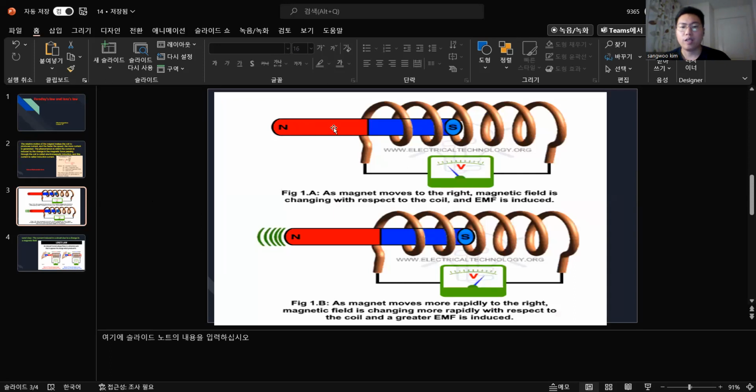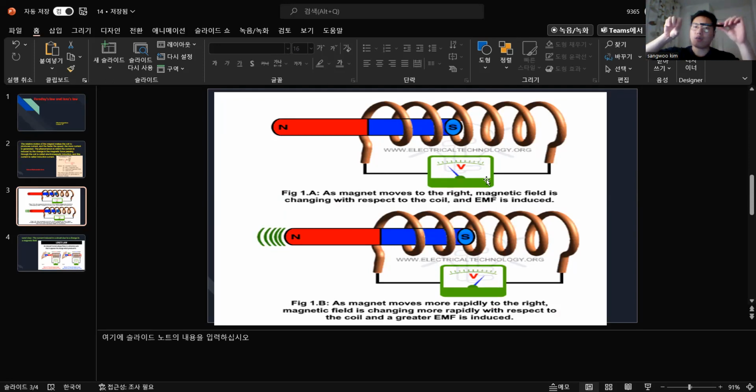You can see here's a magnet, right? There's current flowing to the coil, and look at that. This is a magnet, and this is a coil. If the magnet is moving to the inside of the coil or near outside, it doesn't matter.